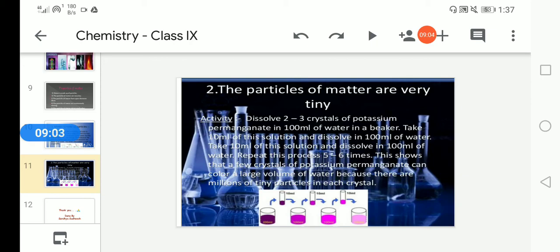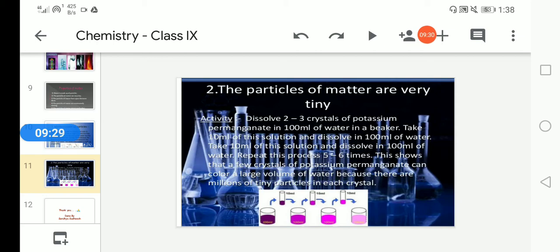Even though the intensity of color decreases gradually, there will be a slight or light violet color in each beaker that we can see. This shows that a few crystals of potassium permanganate can color a large volume of water because there are millions of tiny particles in each crystal.